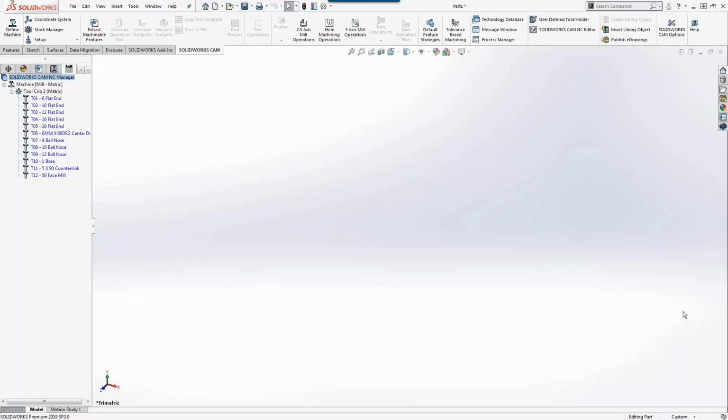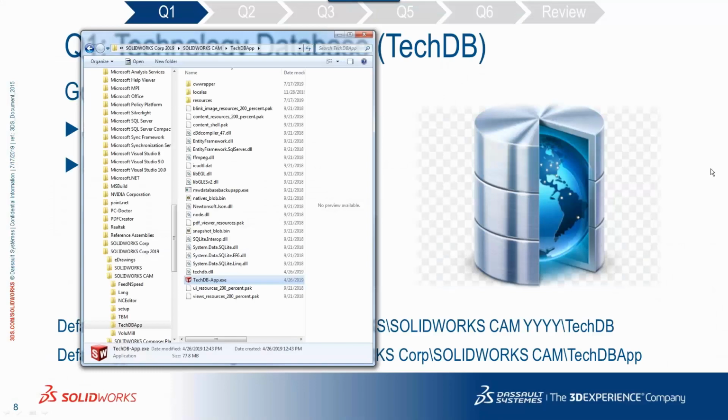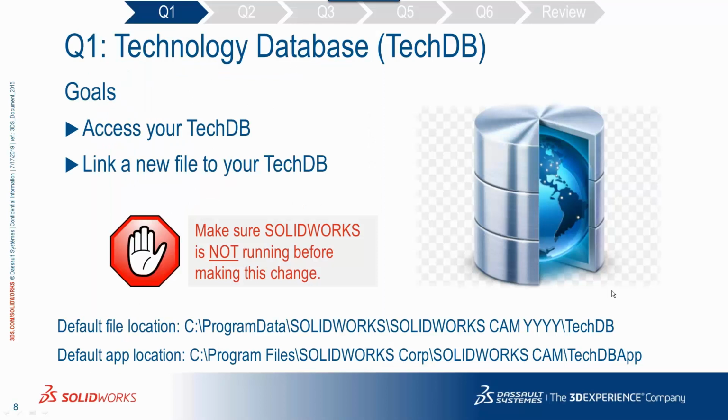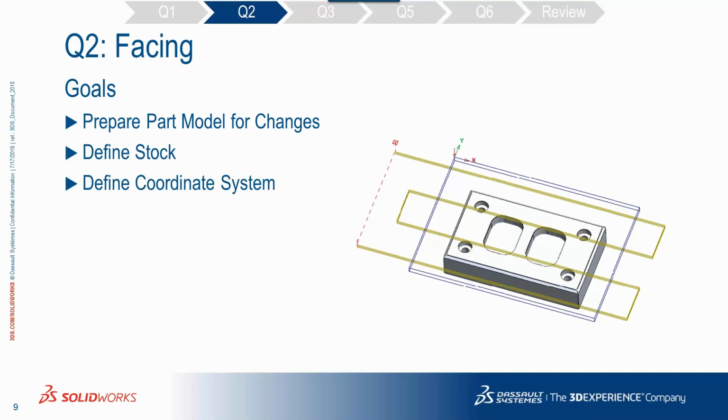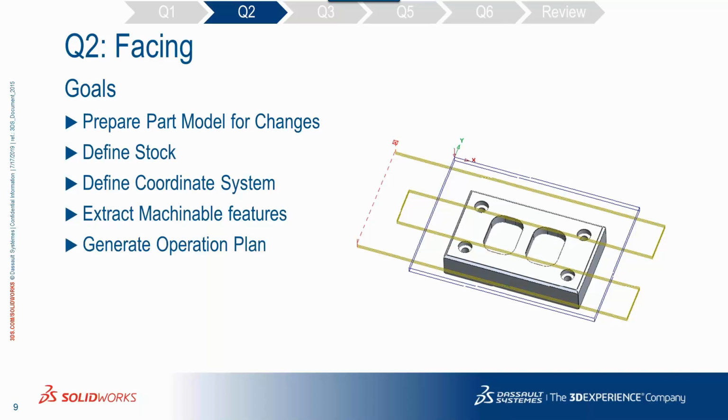So question 2, facing. The goals of question 2 are to prepare the part model for changes. We're going to define stock, define the coordinate system, extract machinable features, and generate an operation plan.